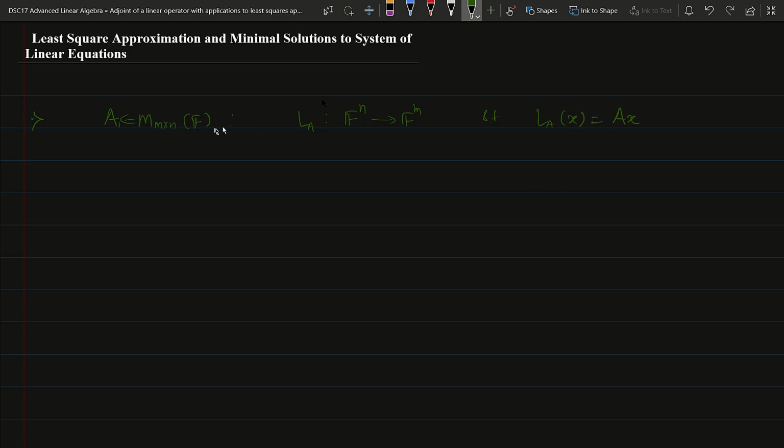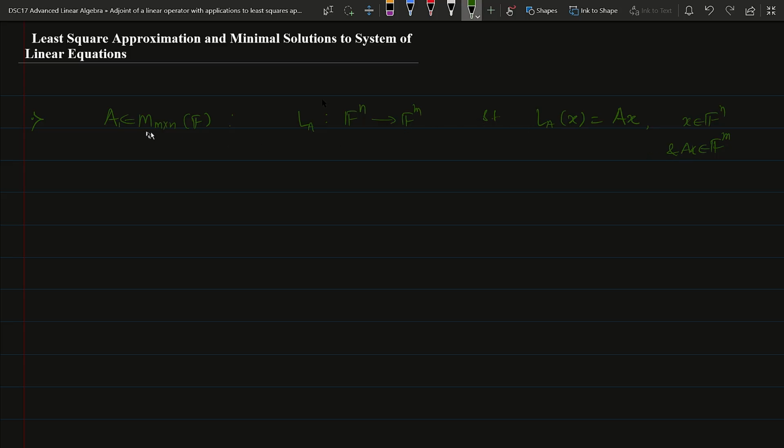Okay, whenever the dimension of A is m cross n, then you can think of this A as a linear transformation from Fn to Fm. So x must be an element of Fn, and whatever the Ax is coming is an element of Fm.